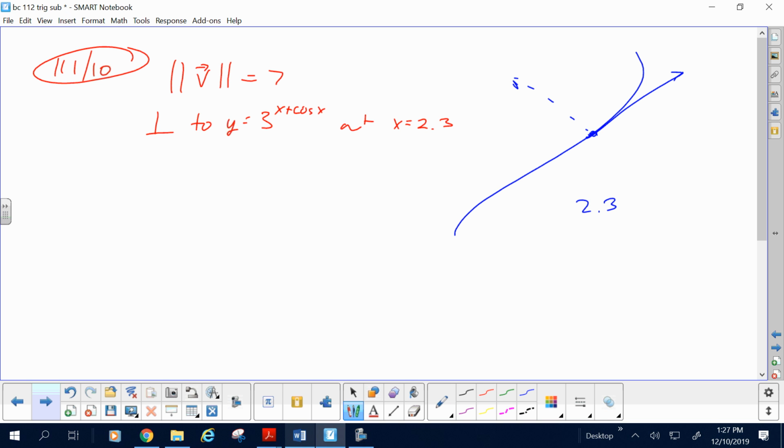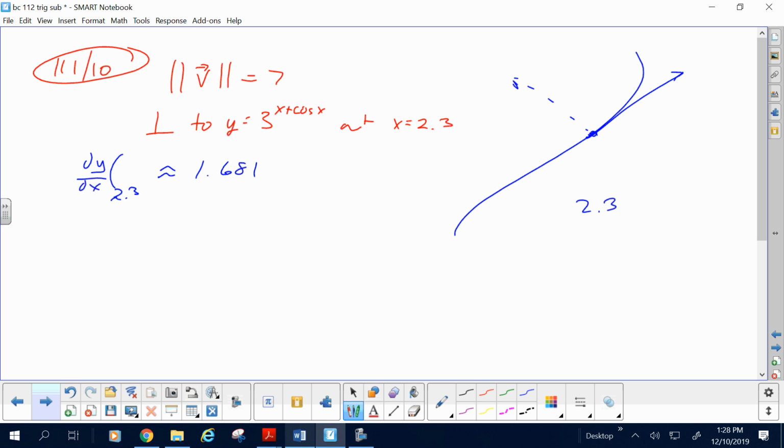So you take your calculator and take the derivative of that at 2.3. If I remember from last class, like 1.6 or something. Anybody have that? 1.681. That sounds familiar.